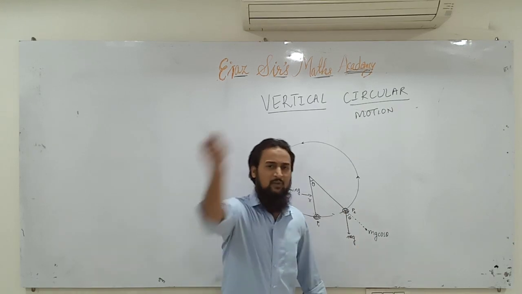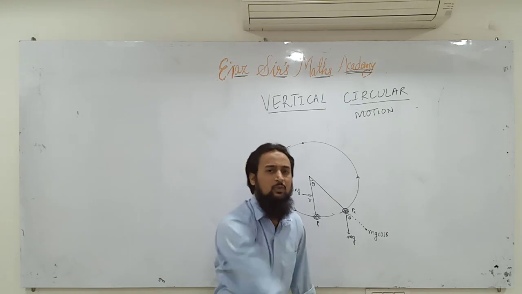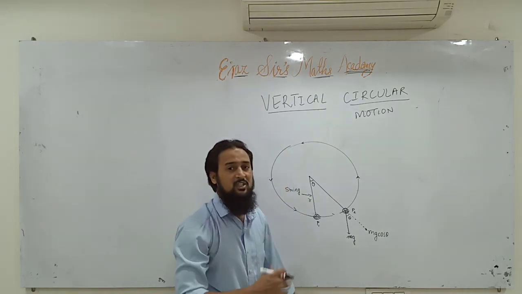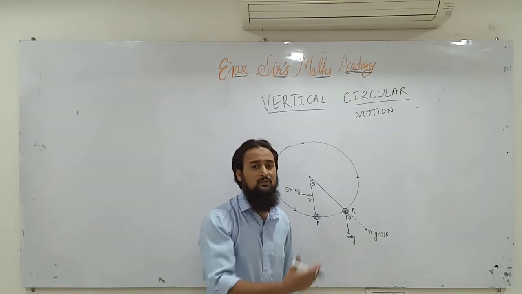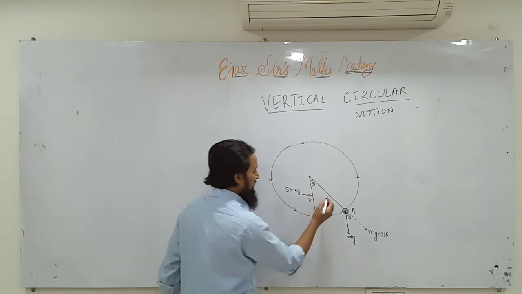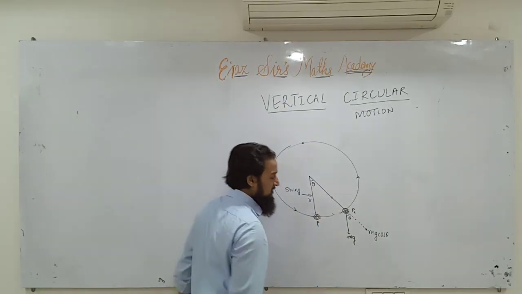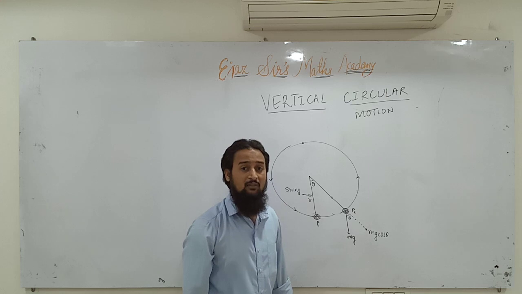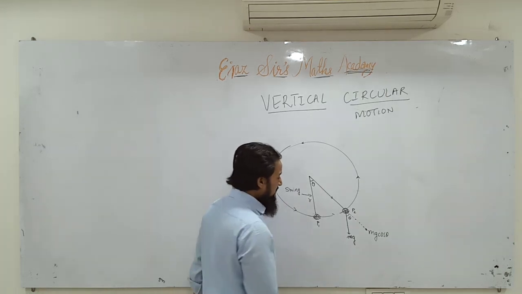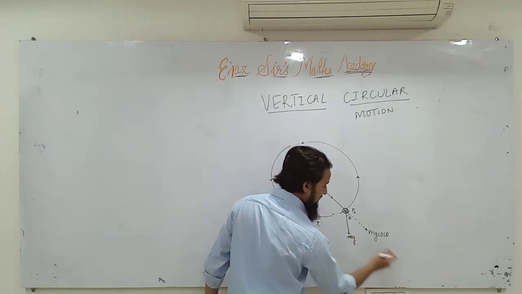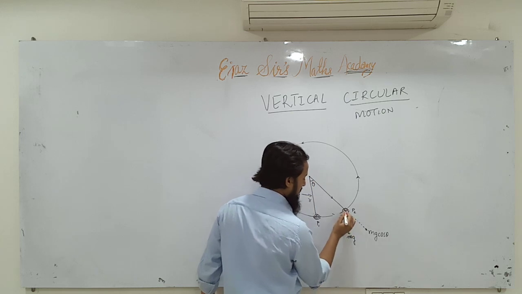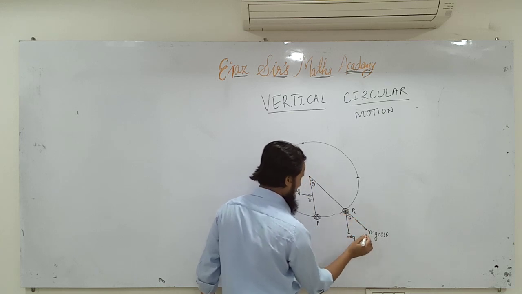And if I am revolving the stone in a vertical plane, in which direction will the centrifugal force act? The centrifugal force will act along the radius, away from the center of the circle. So how much total force is acting on the stone in this direction?